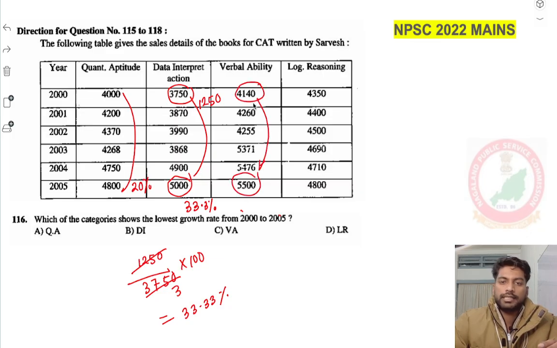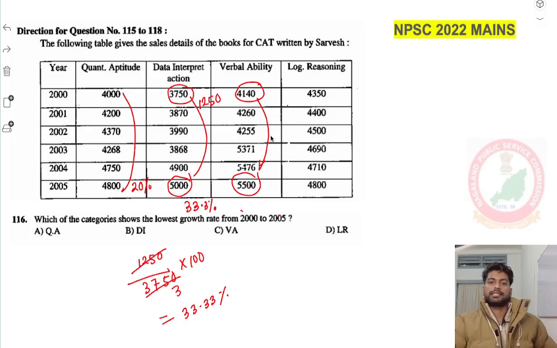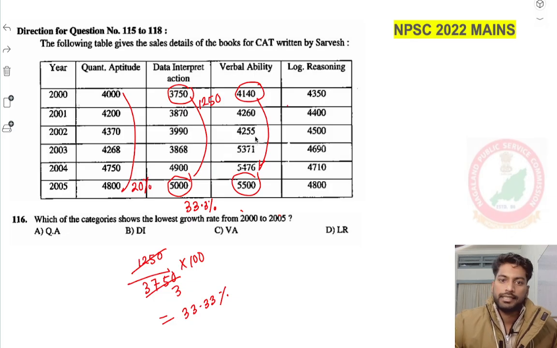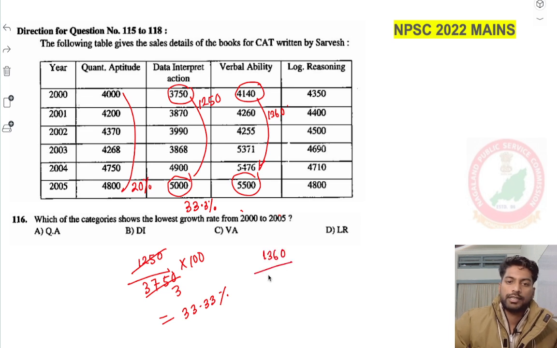So the growth here is 60. So it will be 1360. So 1360 growth from 4140, into 100. The zeros are gone.